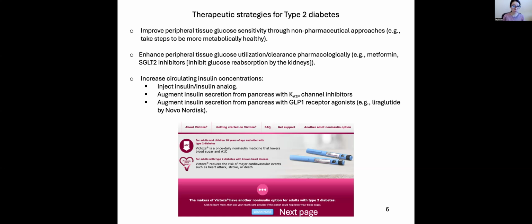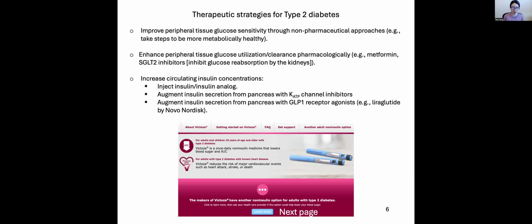Next, we can also increase insulin secretion from the pancreatic beta cell by inhibiting the KATP channels. We can also increase insulin secretion from the pancreatic beta cell with the GLP-1 RA, or GLP-1 receptor agonists, such as liraglutide by Novo Nordisk.